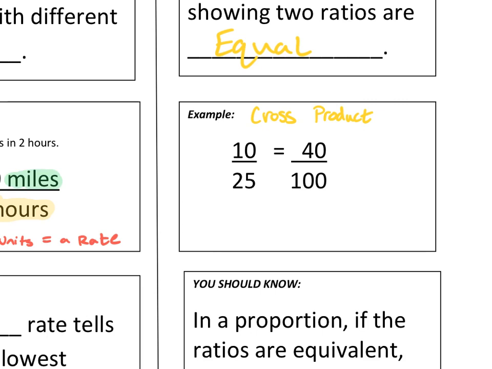When I say cross product, I mean you take these two and multiply them together, and then you take these two and multiply them together.